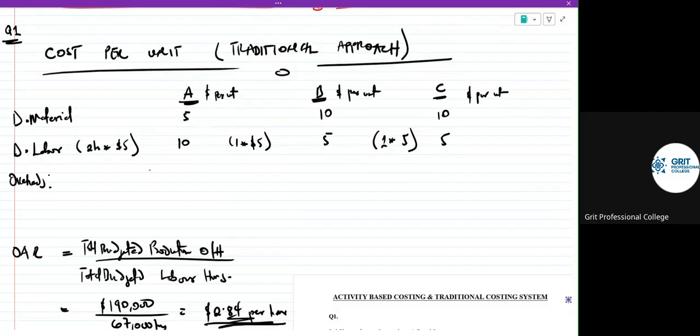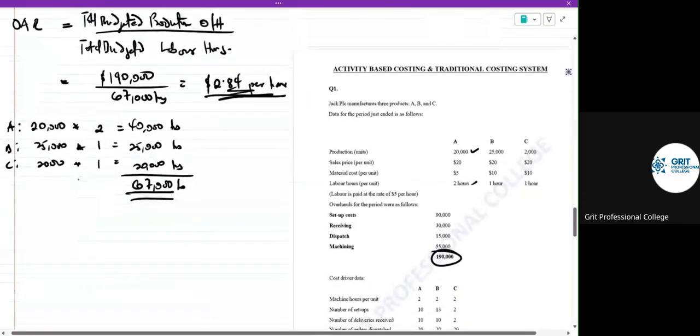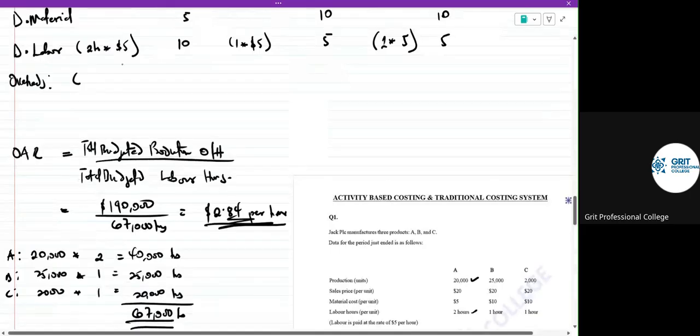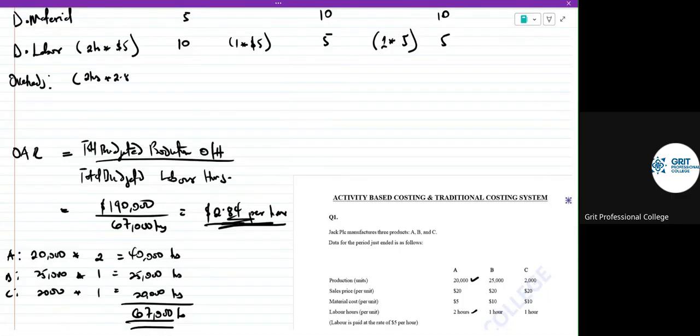Into the product. So for product A, the labor hours used is 2 hours, and then we multiply it by this rate, which is 2.84. Product B, it will be 1 hour by 2.84.